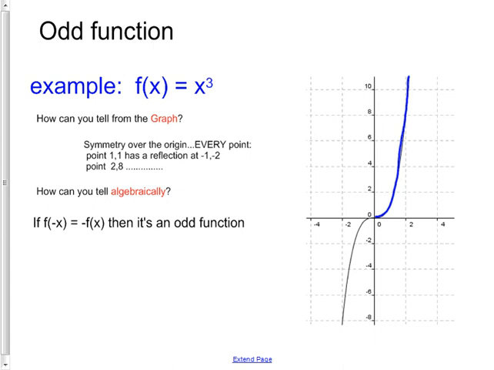Okay, so here's a point. Do you agree that 2 comma 8 should be on that function? It makes sense. You stick in the 2, you get 2 cubed to be 8. Okay. Do you get that there's another point just like that on the other side? And if you were to draw an imaginary line, I'll use green here, that goes straight through the origin and kept going like that, it'd eventually show you where to put it. See what I mean?